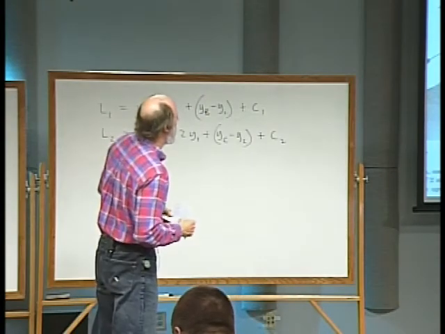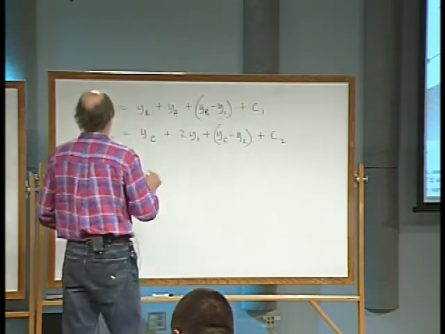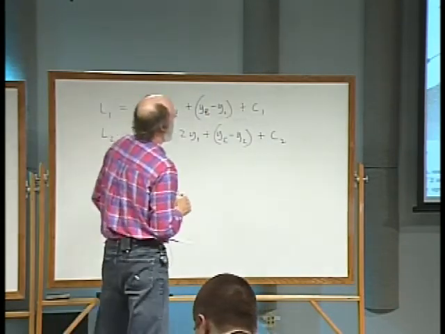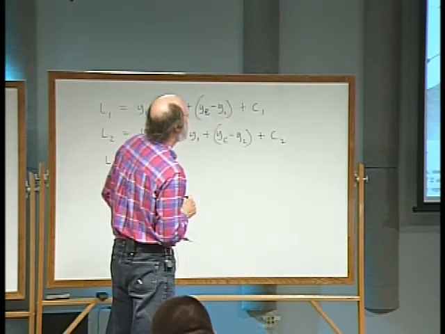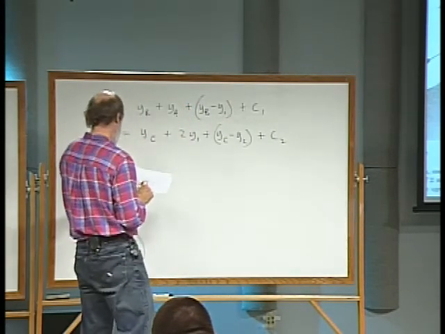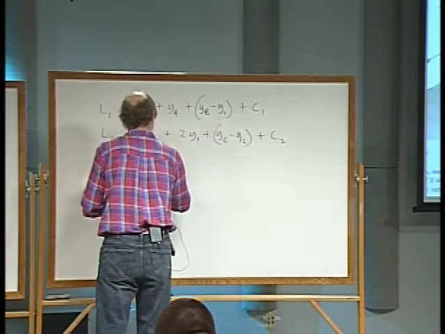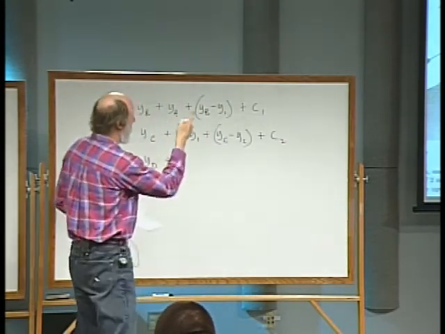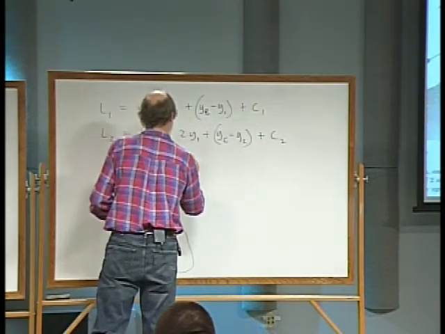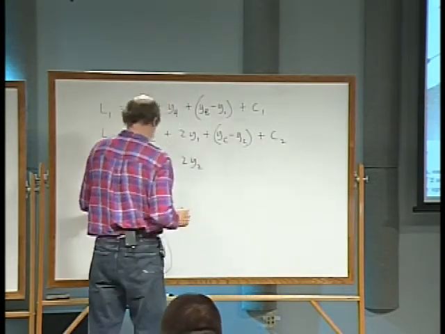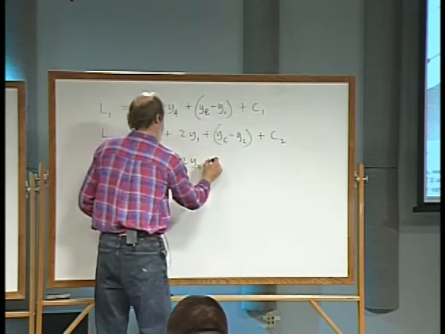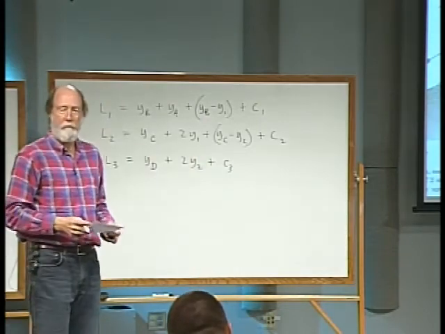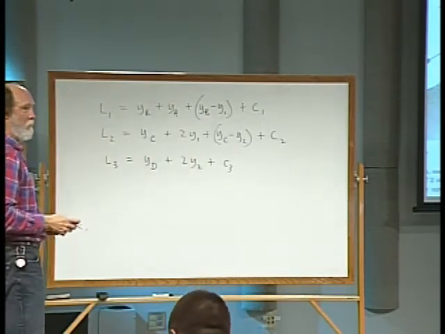Now we have the third cable over on the left, and that one looks like it's made up of a y sub d plus 2 of those things called y2. Plus some constants.